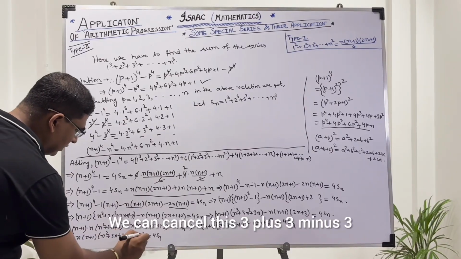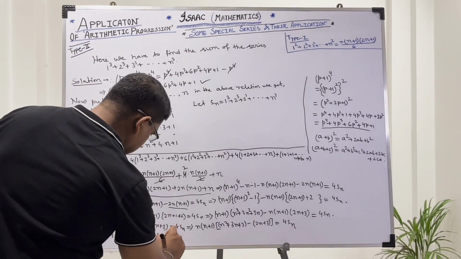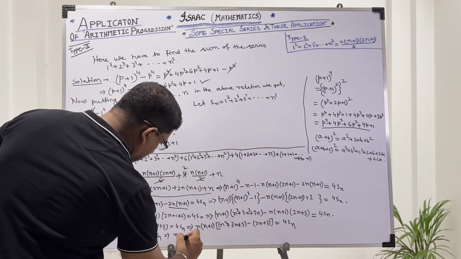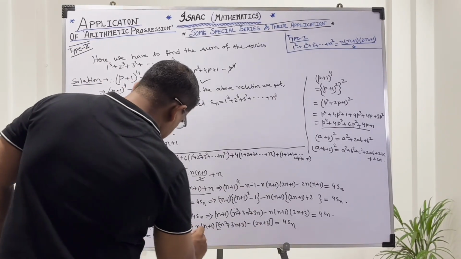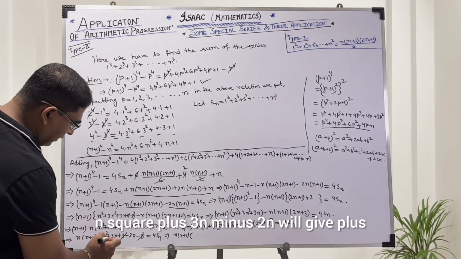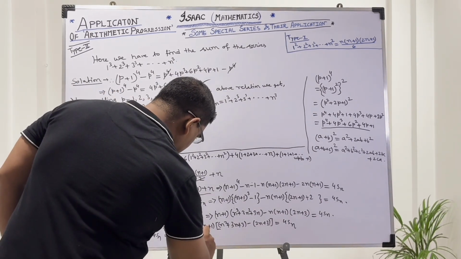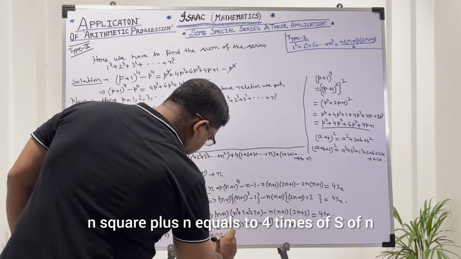We can cancel these, plus 3 minus 3. Then we can write n into (n plus 1), and from this, n square plus 3n minus 2n will give plus n, n square plus n equals to 4 times of S of n.